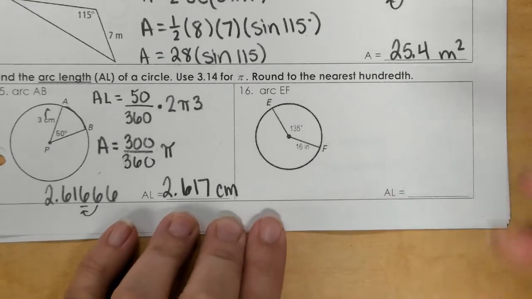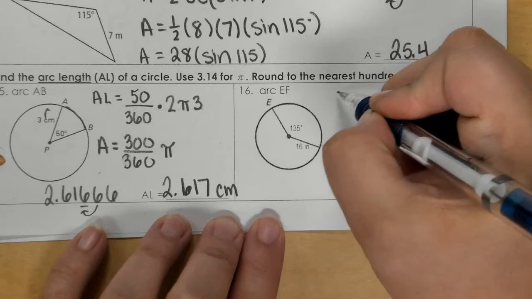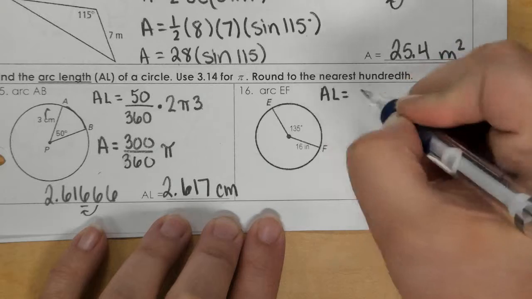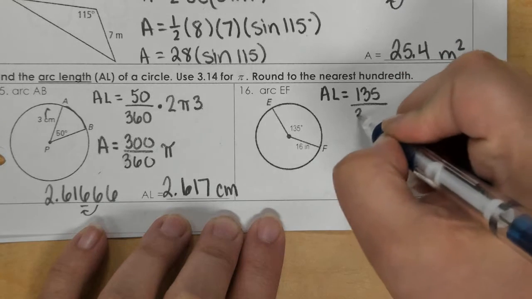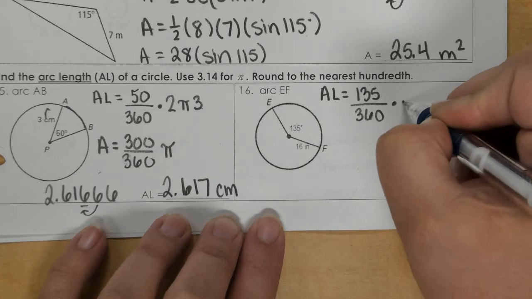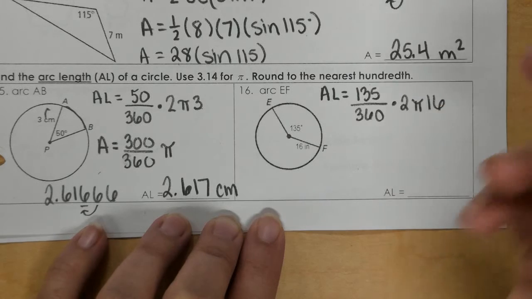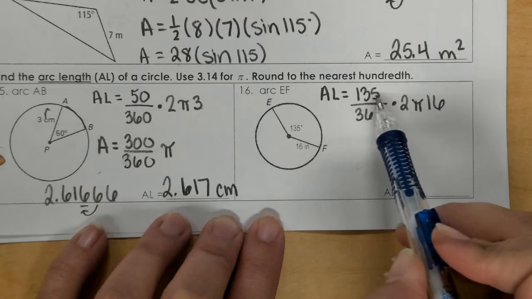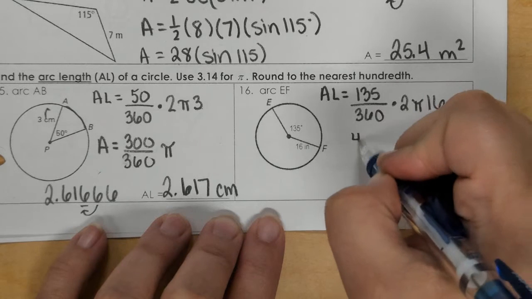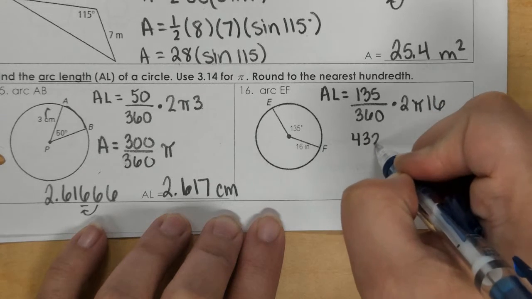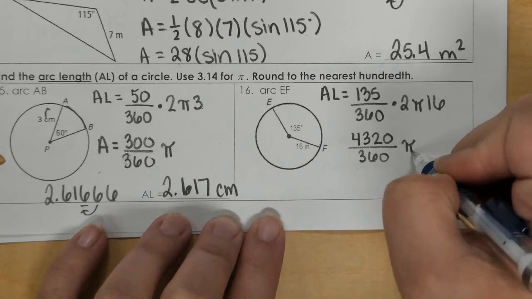Number 16 is the same formula, so I'm finding arc EF, which is this arc here. So I would do the arc angle measurement, 135, divided by 360, times the 2 pi r, and r is 16. So first, I would multiply the 135 times 2 times 16. That gives me 4,320 divided by 360 times pi.